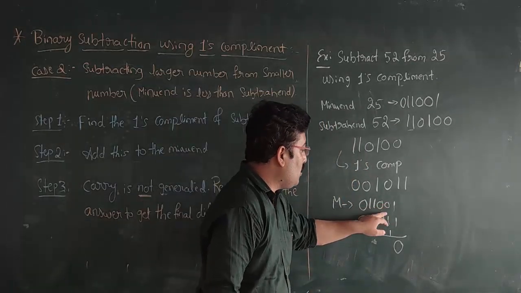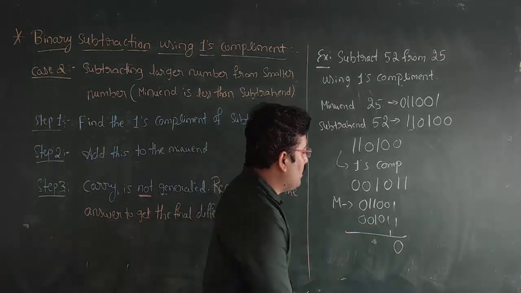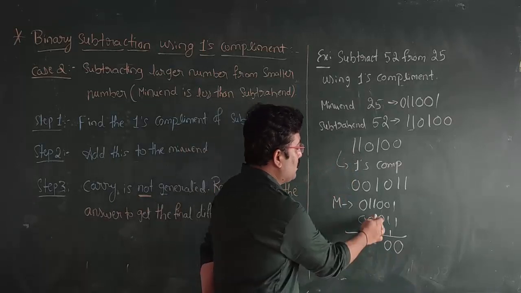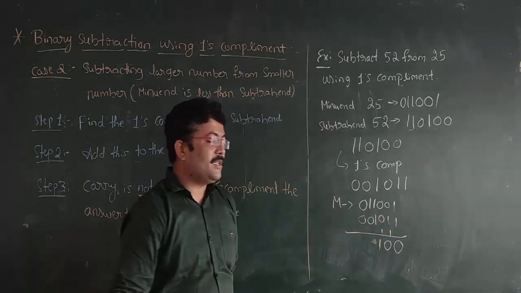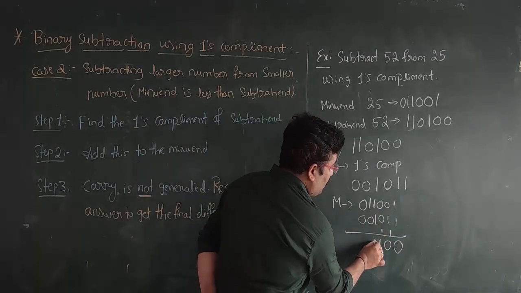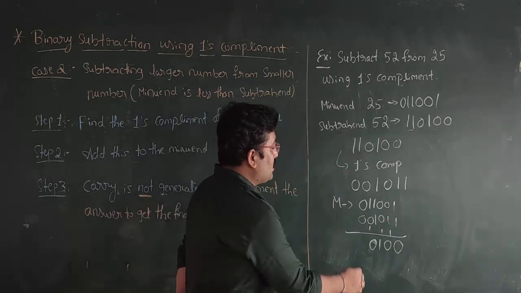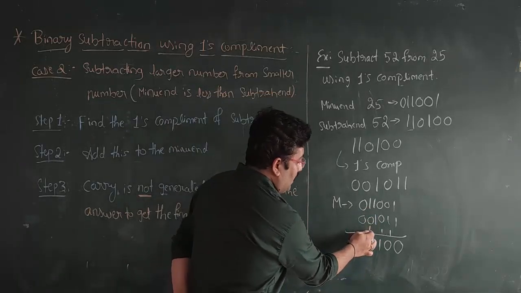Next, 0 plus 1 is sum 1; 1 plus 1, sum 0, carry is 1. Next, 0 plus 0 is 0; 0 plus 1, sum is 1, carry is 0. Again 1 plus 1, sum 0, carry is 1. Next, 1 plus 0 is 1. Again here a carry is there.